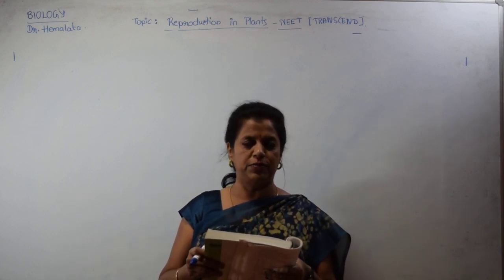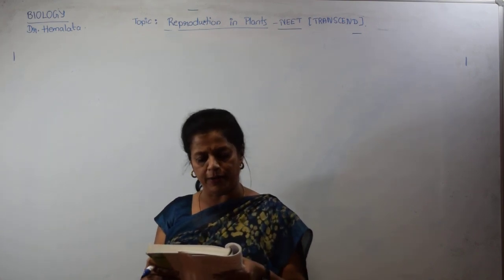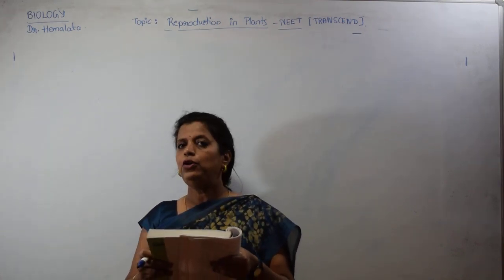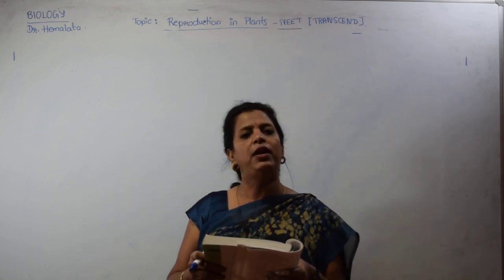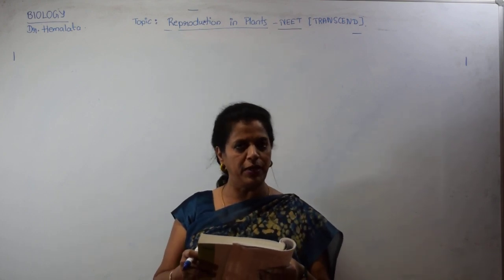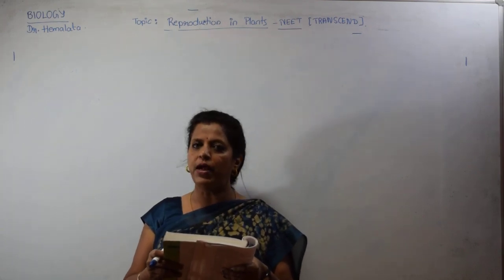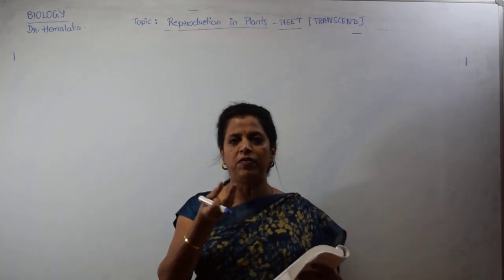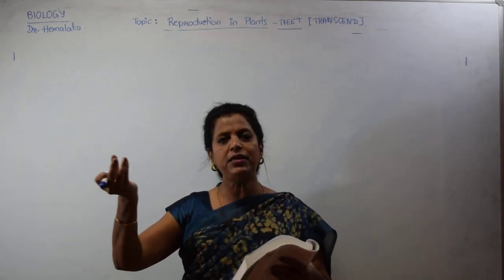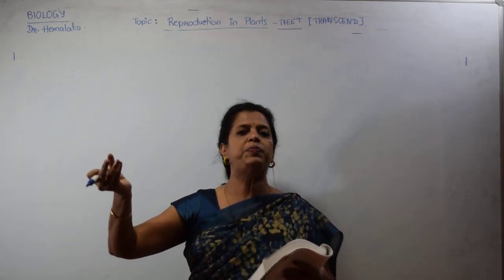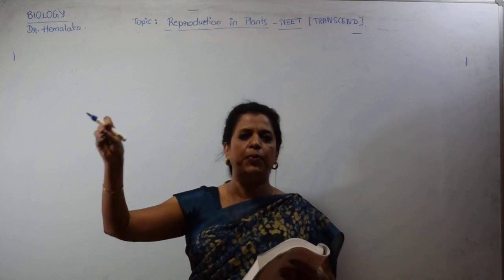Zostera is a hydrophilous plant. It is an aquatic plant. Vallisneria, you should already know, is a submerged plant in water and its sexes are separate. The male plant will be different, the female plant will be different. Male plants produce male flowers that flow in the water current. They reach the female plant's spadix-like inflorescence and pollinate it.